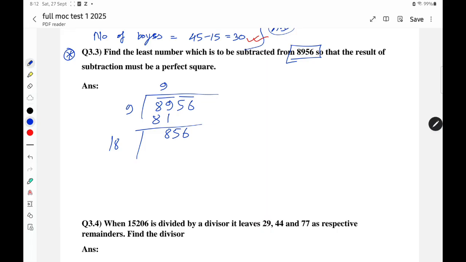If you put here 4, I think will be good. 184 into 4.